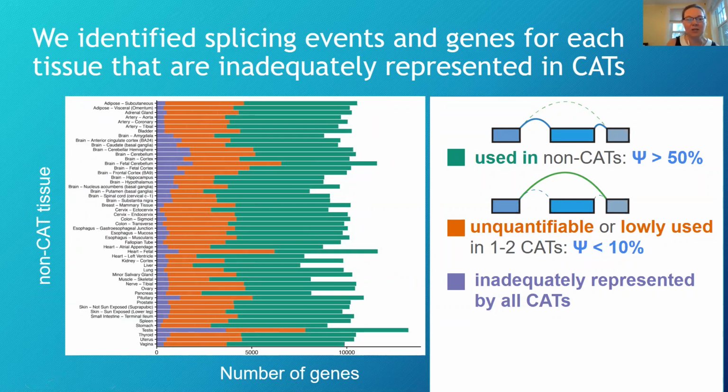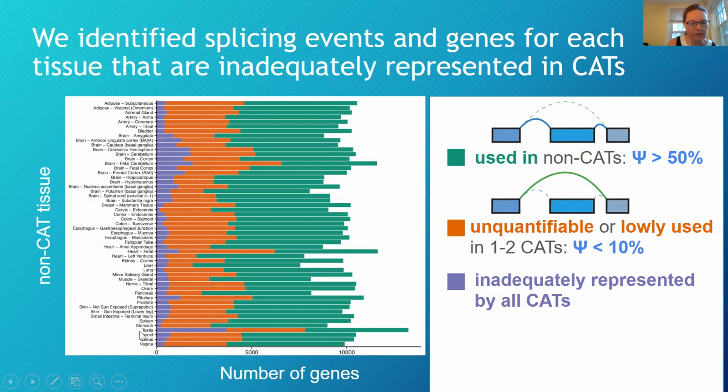That's actually because this list is alphabetical, and this bump starts with brain amygdala and ends with brain substantia nigra. This bump represents an increased number of these inadequately represented tissues that are all brain samples.